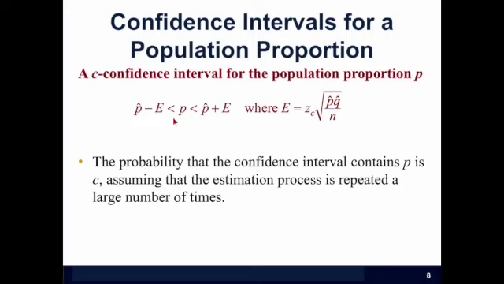We build the interval by subtracting the margin of error from the point estimate, which gives the left endpoint, and taking the point estimate plus the margin of error for the right endpoint. The margin of error is built pretty similarly to what we did in section 6.1, using the critical value for the standard normal distribution corresponding to a certain level of confidence, and then this value.